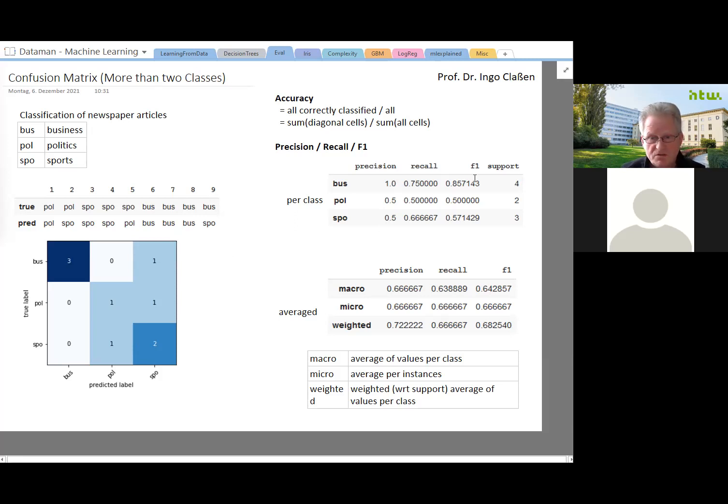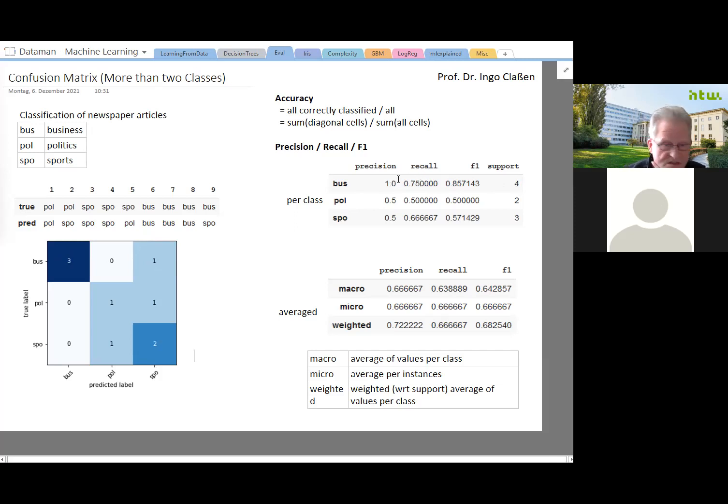Regarding precision and recall, I can now figure out for each class how the precision and the recall are. So for example, I take business, so I take this row here. How many records are there in business? There are 4. And how many of them have I calculated correctly? These were 3 of the 4. So I have a recall of 75%.